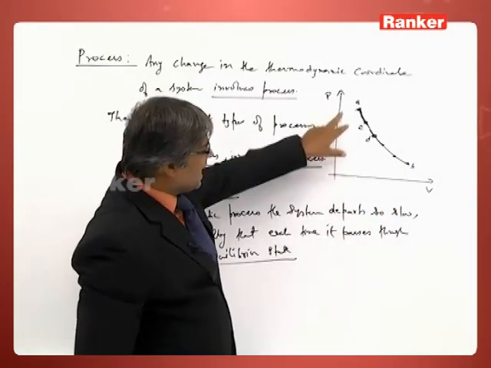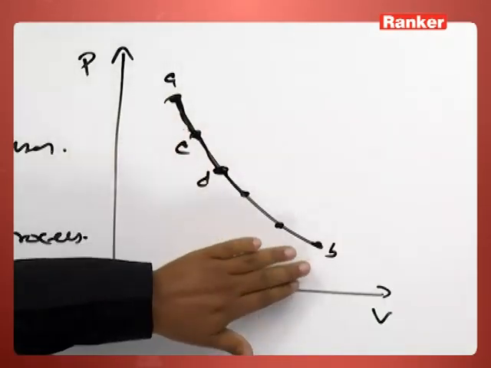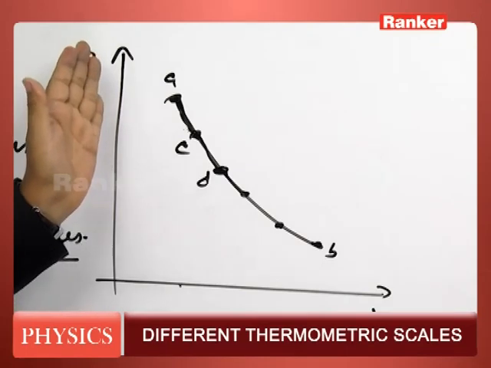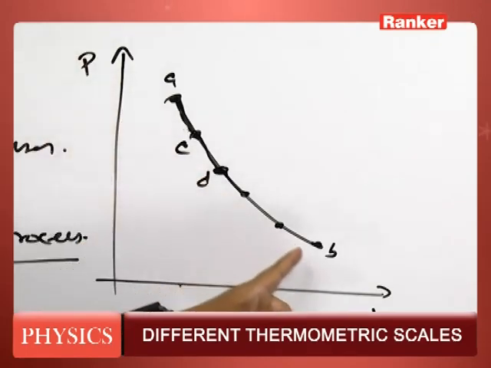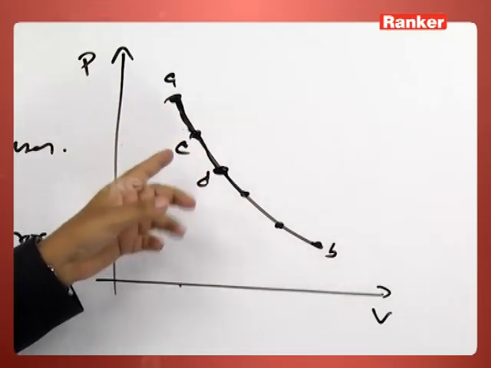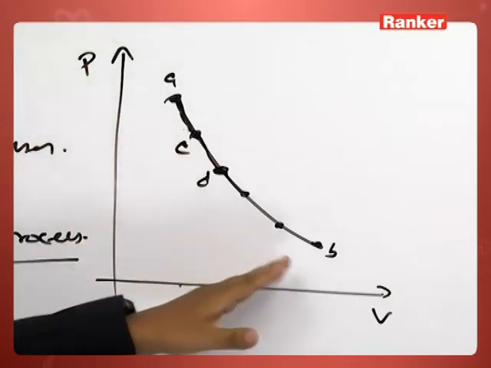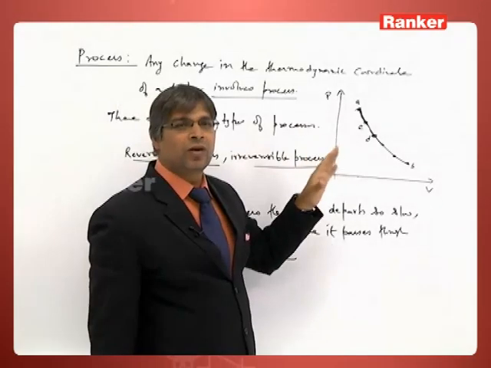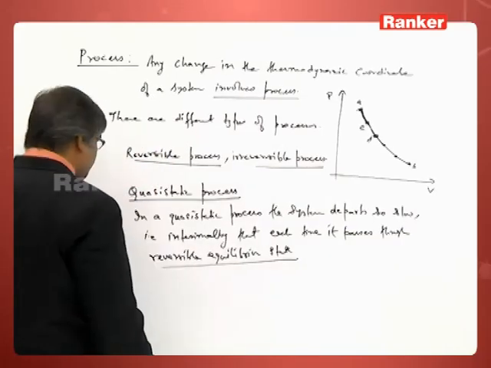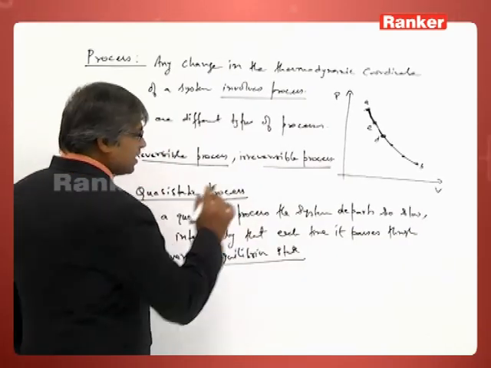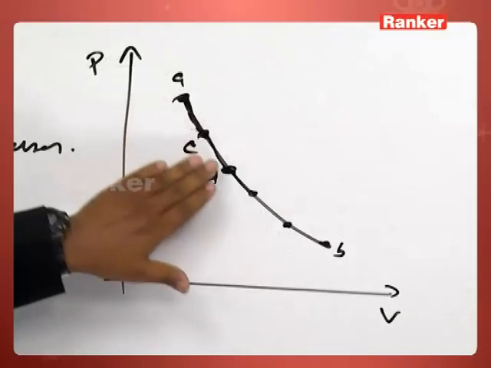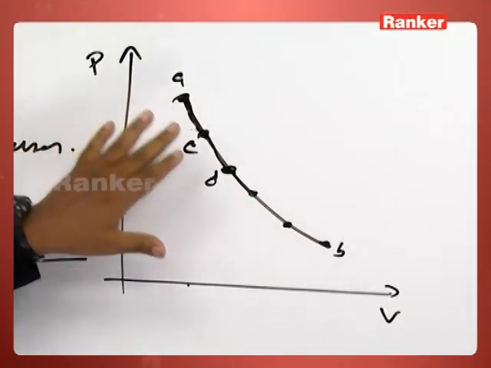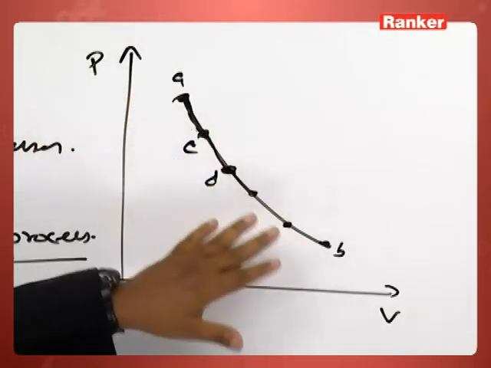Now the final process A to B may be irreversible, but when it passes through equilibrium states, they must be reversible equilibrium states. Then such a process is called a quasi-static process. So the quasi-static process is a very slow process such that each equilibrium state is a reversible one.